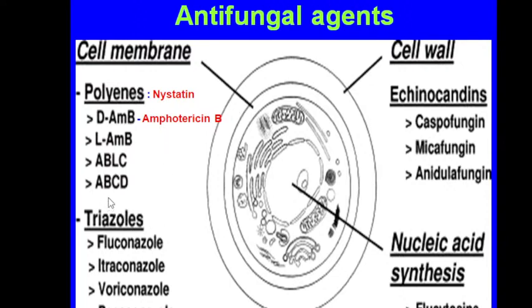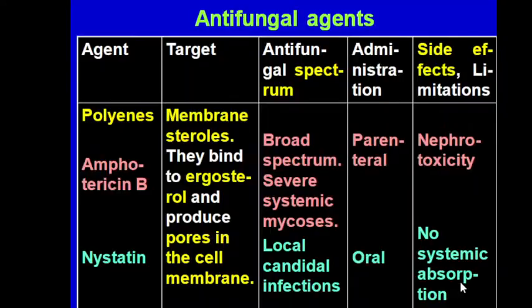Then we also have a lot of so-called azoles that also have the cell membrane as a target. Then we have a group of drugs called echinocandins that have the cell wall as a target for antifungal therapy. And then we have nucleic acid synthesis as a target for antifungal therapy.